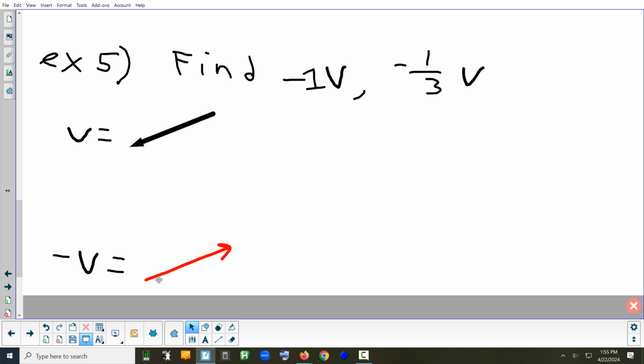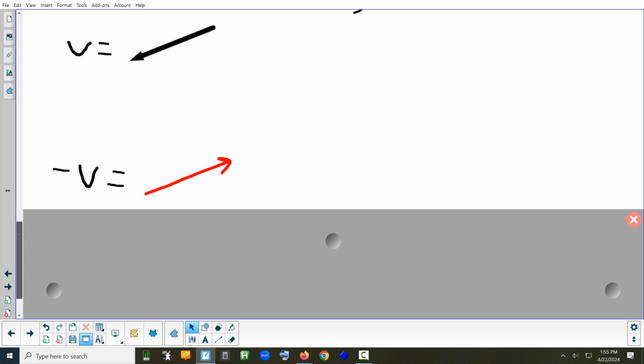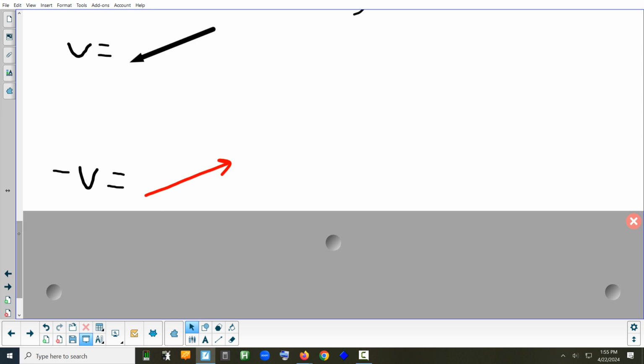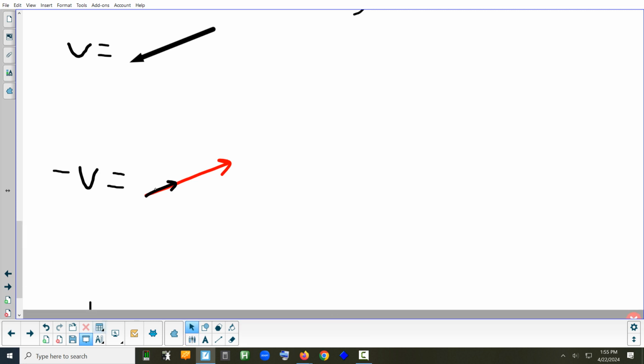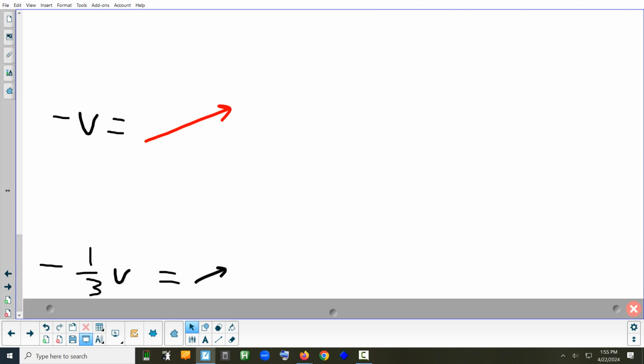How about negative 1/3 v? What would I have to do for that? Change the direction again, but only go a third of the way. I already got the direction changed, so I'll just stick with that one. And just estimate where you think about 1/3 might be. Okay, so that's negative 1/3 v. Any questions on that?